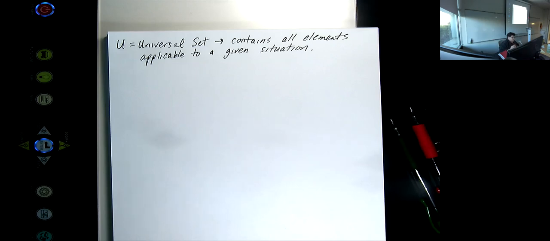Remember we said sets are objects, so these don't have to be numbers. We're talking about like a deck of cards. The universal set has 52 elements. There's 52 cards in a deck. Sure, some of them have numbers on them, but some of them don't, and they've got symbols on them, hearts and diamonds and stuff like that. It just means there's a collection of them.